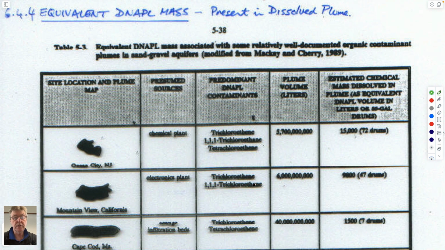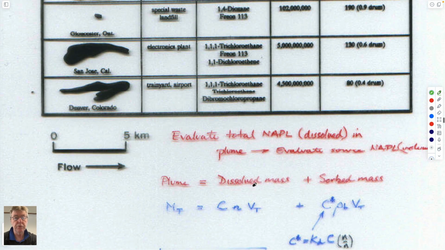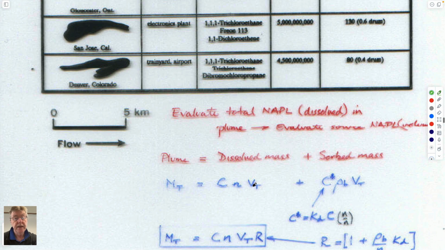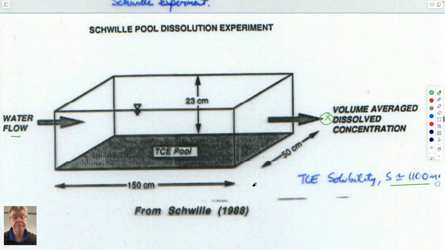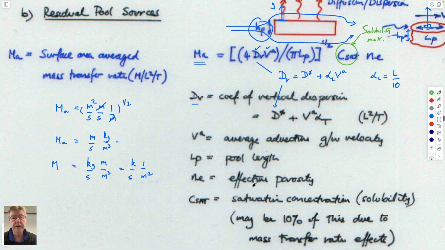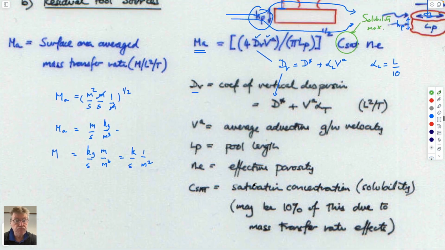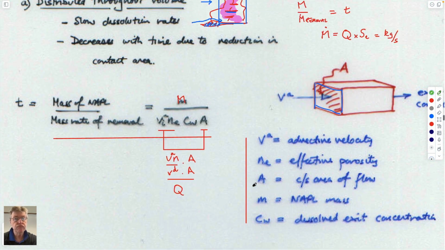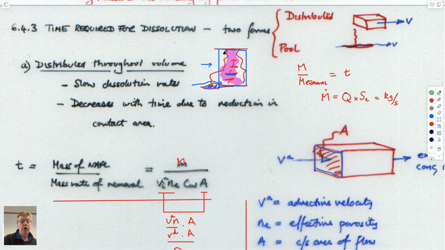But the final thing that we should talk about before we split is, if you have this system and you have a block that has some saturation in it, and you only know what the concentrations are, how do you calculate the total mass that you have within your aquifer?